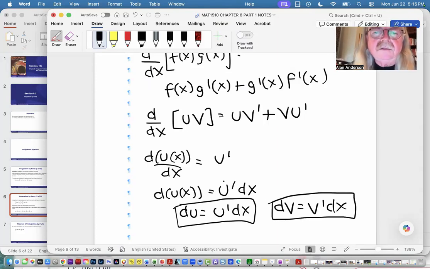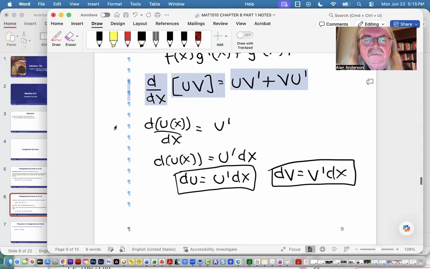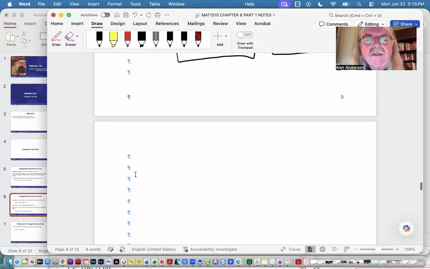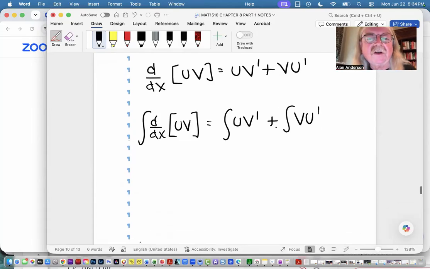All right. So we're going to take this part and we're going to integrate both sides. So the first thing we notice is that when you integrate a derivative, you're just bringing yourself back to the original function. So here we simply have uv.